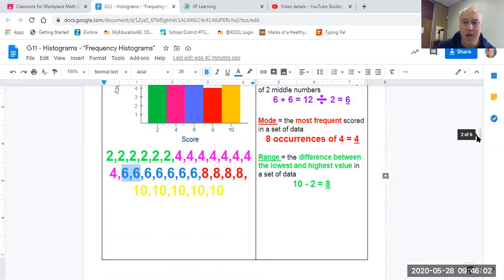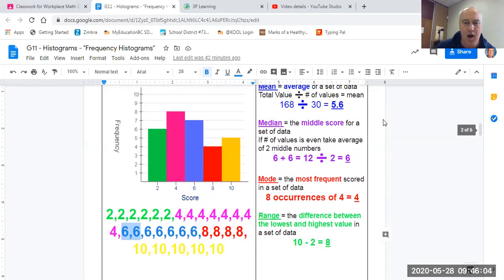When we have an even number of values in our data set, we're always going to have two numbers that fit on either side of that middle point. In this case, it's really simple because both of those numbers are 6. So 6 plus 6 equals 12, we divide that by 2, and the median is 6. It's the middle of that data set. But let's say one of the numbers was 6 and the other number was 9.